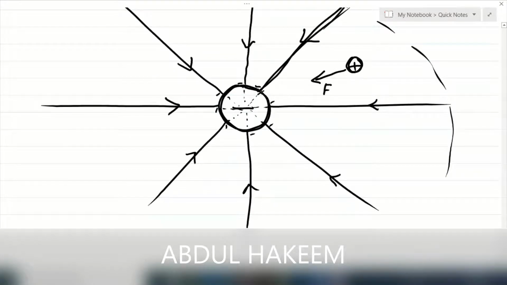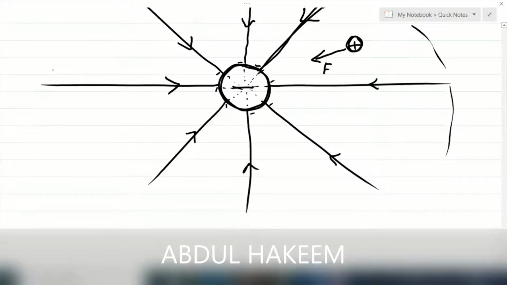So charge inside the sphere is 0. That's why the electric field inside is 0. No electric field inside the charged object. So electric field starts from the surface and it has maximum value at the surface.